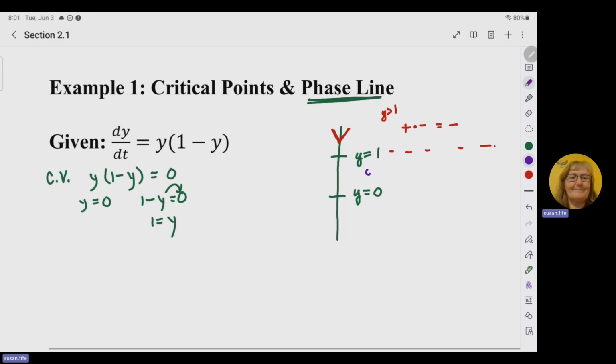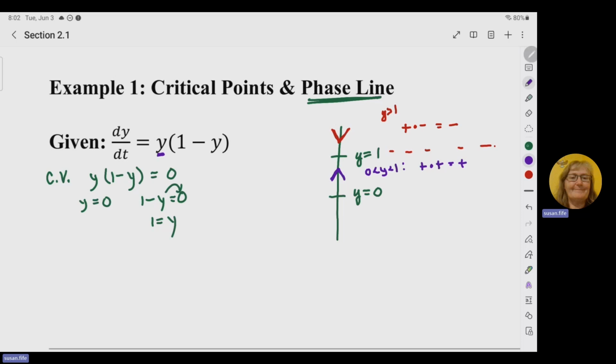And then let's look at what happens between 0 and 1. You could choose a point like 1/2. When y is 1/2, 1/2 is positive, and 1 minus 1/2 is positive. So I get a positive times a positive. That gives me a positive, and a positive slope goes up. And so I'll use an up arrow to show that the graph is going upwards in between 0 and 1.